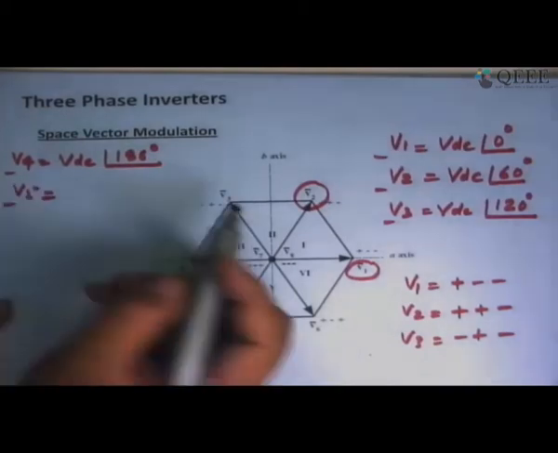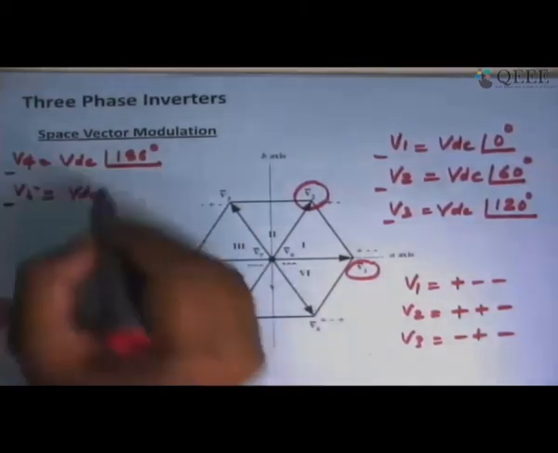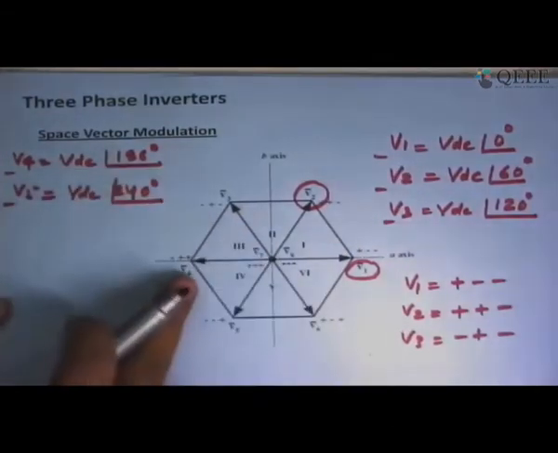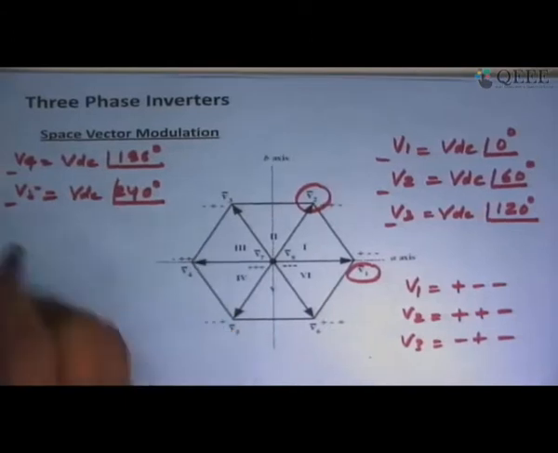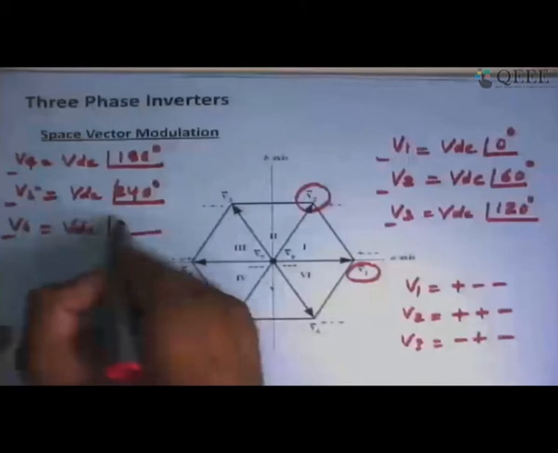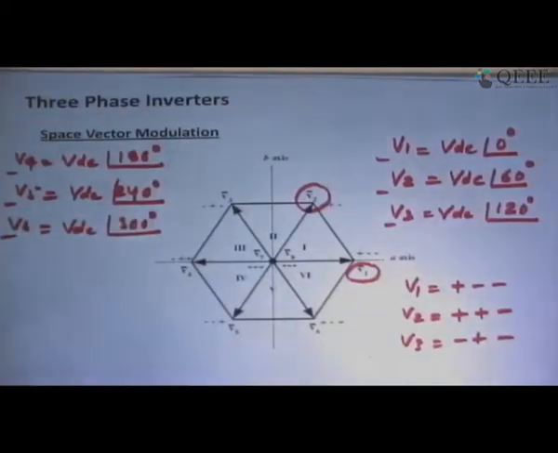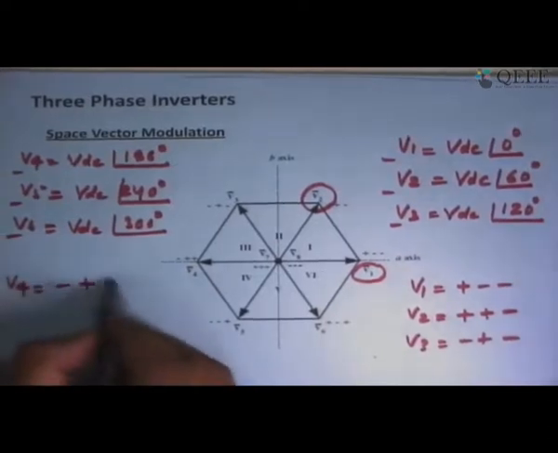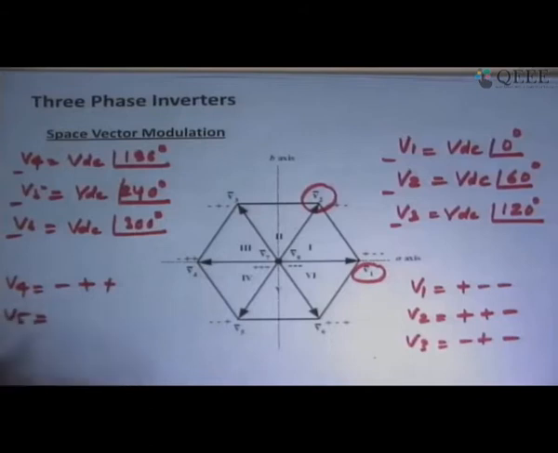V5 is VDC angle 240, and V6 is 300 degrees, where V4 is minus plus plus, V5 is minus minus plus, V6 is plus minus plus.